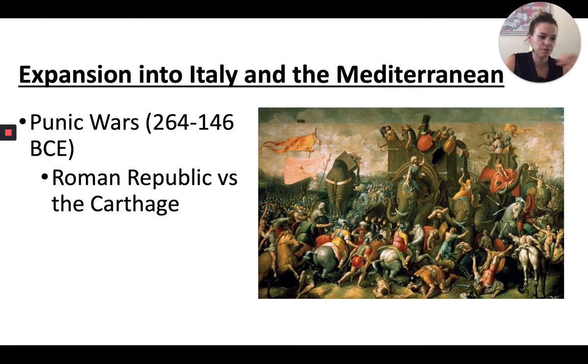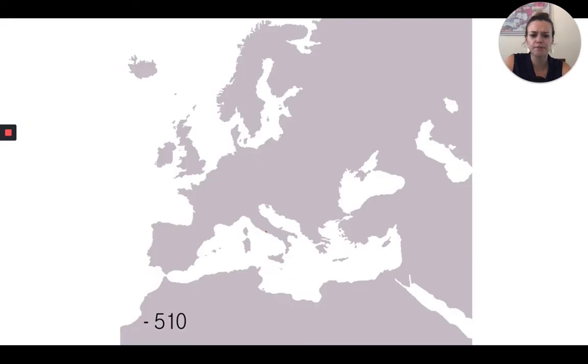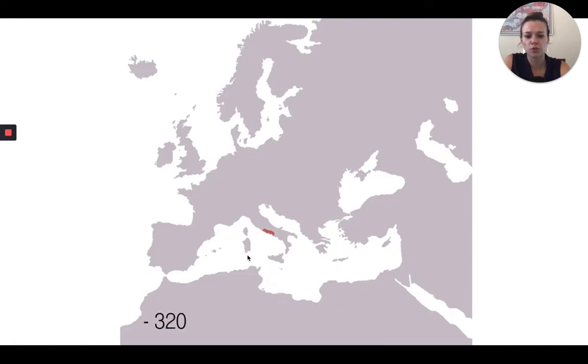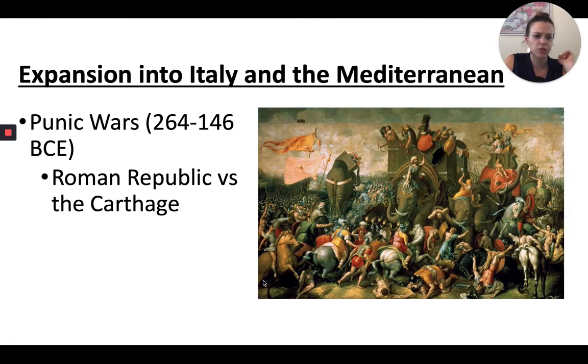So the Punic Wars were a series of wars between the Roman Republic and the Kingdom of Carthage. Carthage was a city on the opposite side of the Mediterranean, right here in modern-day Tunisia.